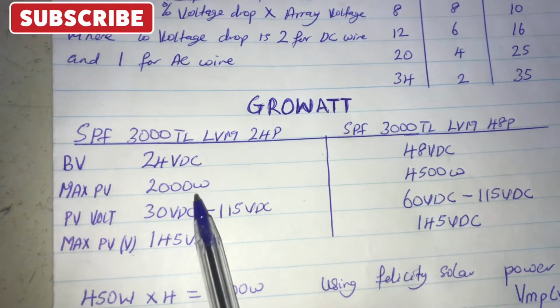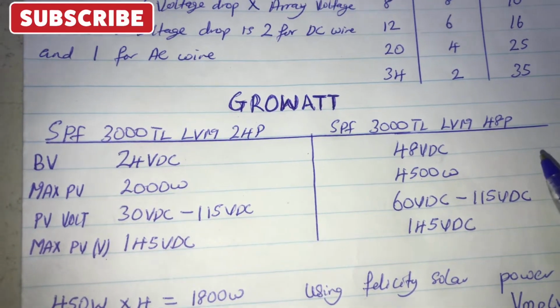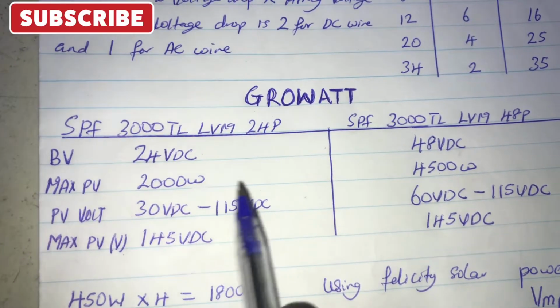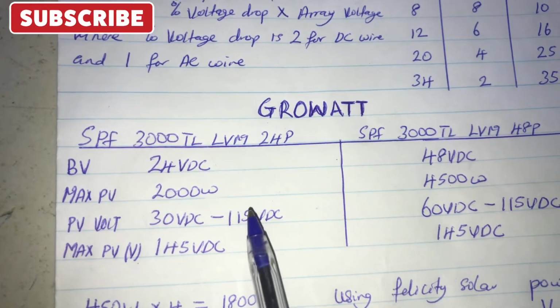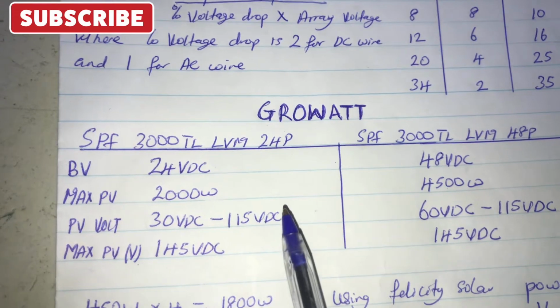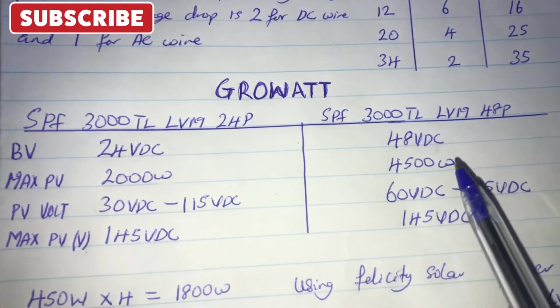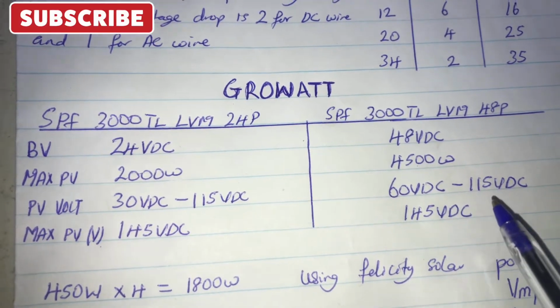The maximum power for 24p is 2000 watts, while for 48 volts it is 4500 watts. The PV voltage range starts from 30 VDC to 115 VDC, while for 48 volts you have 60 VDC to 115 VDC.